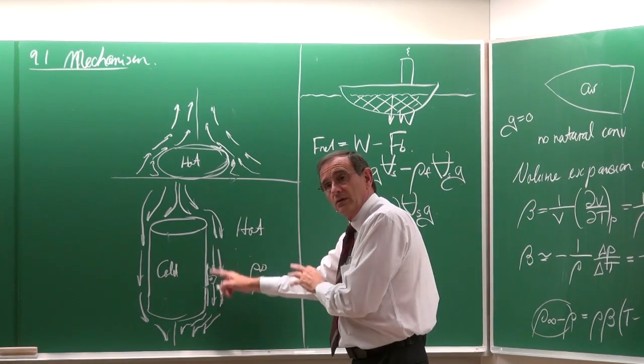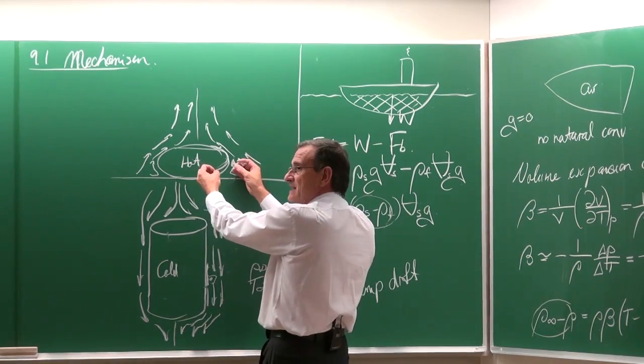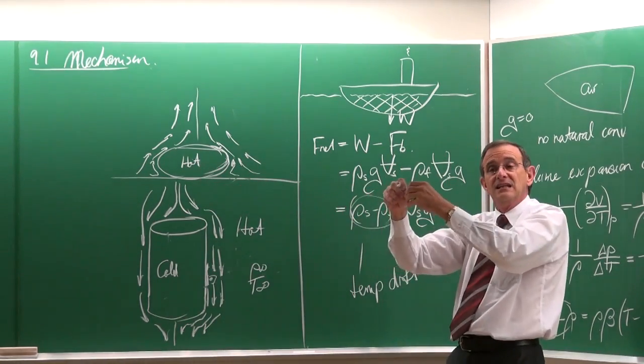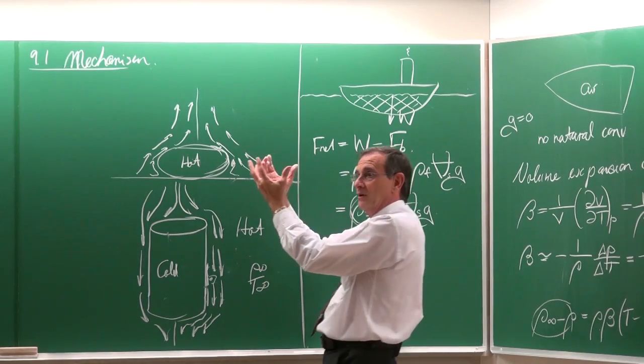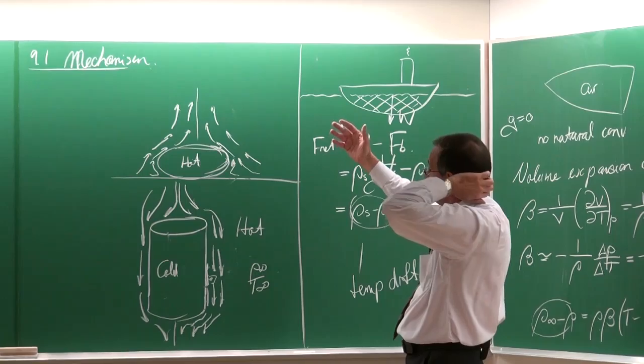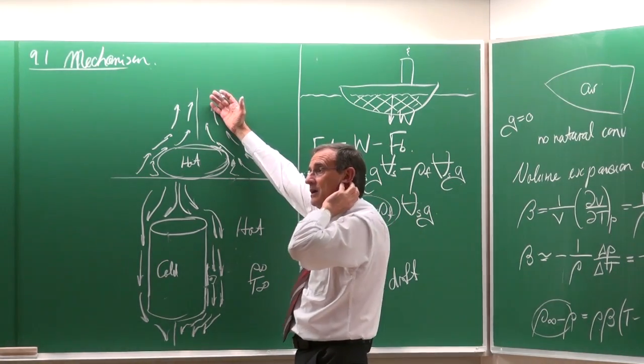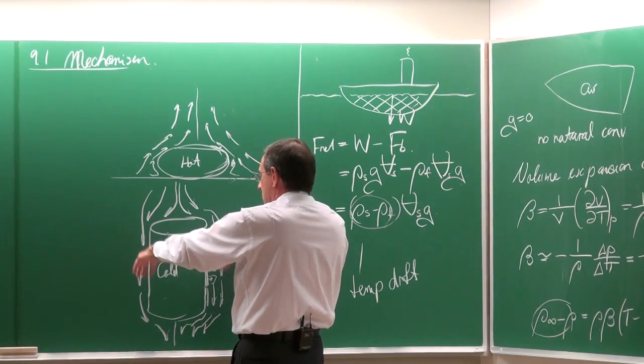In this case, it is being heated, so its density decreases and then it goes up. So the heated air, not the heat, goes up. In this case, the cooled air goes down.